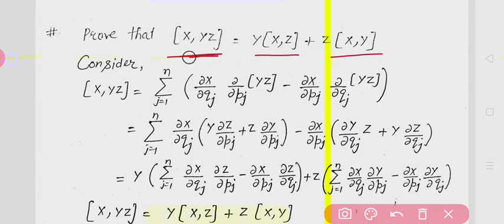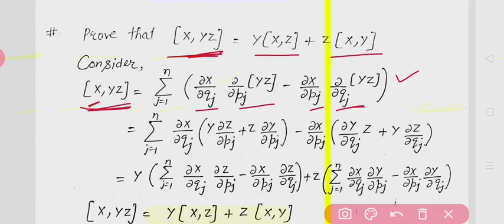So I take this one, x with yz, that will be equal to the partial derivative of the first with respect to q_j and the second with respect to p_j, minus the first with respect to p_j and the second with respect to q_j. Right, that is the definition for the Poisson bracket.